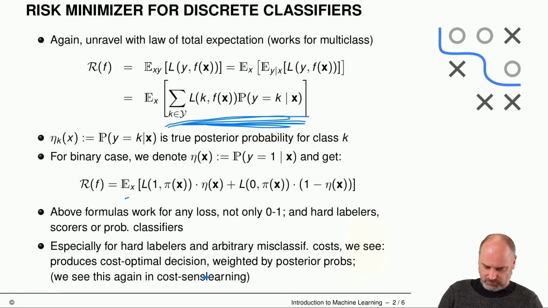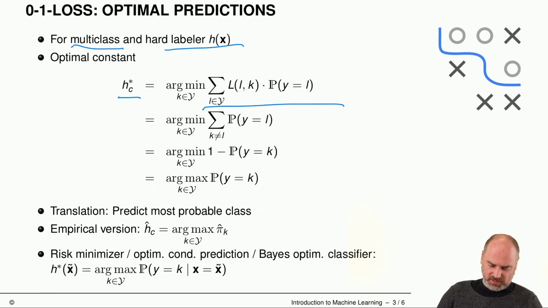We don't have to minimize it point-wise, we have to minimize it overall, but as I've said before, there's basically not a big difference in how we are approaching it and how the solution works. So we now have to look at what happens when we take a certain value k as a prediction.